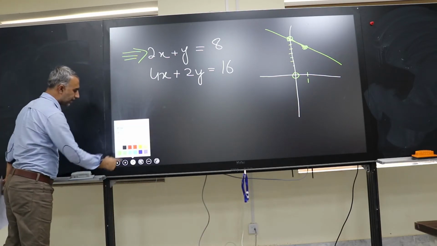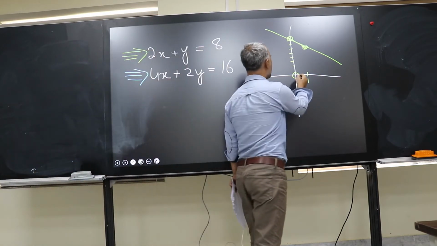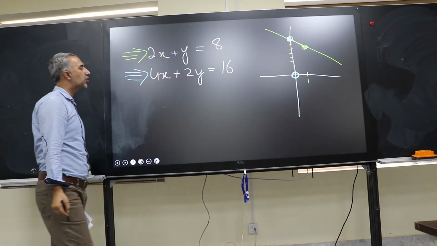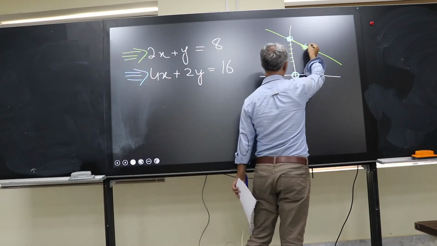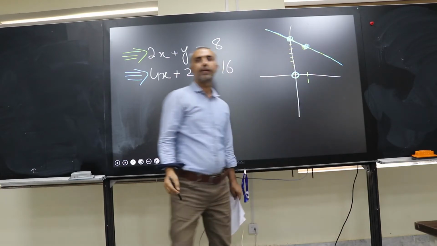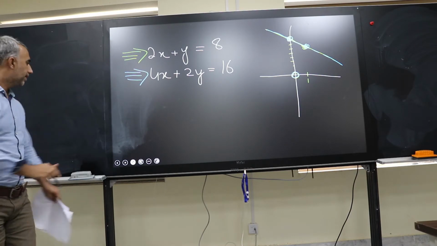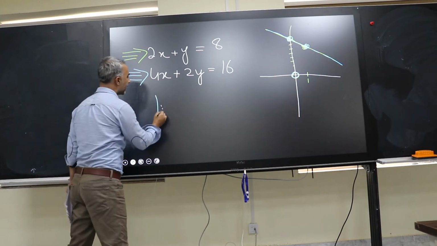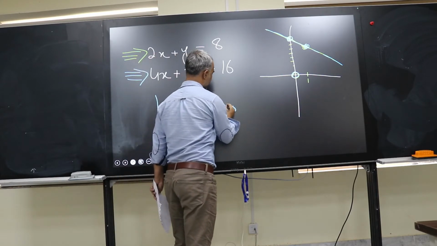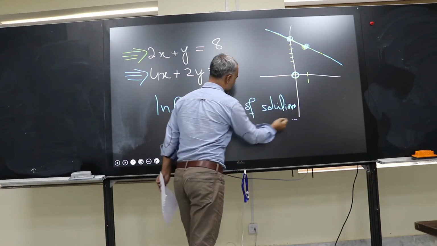Moreover, for the second linear system, for x equal to 0, y is 8, and for x equal to 1, y is 6. So they overlap on each other. So this gives an infinite number of solutions.